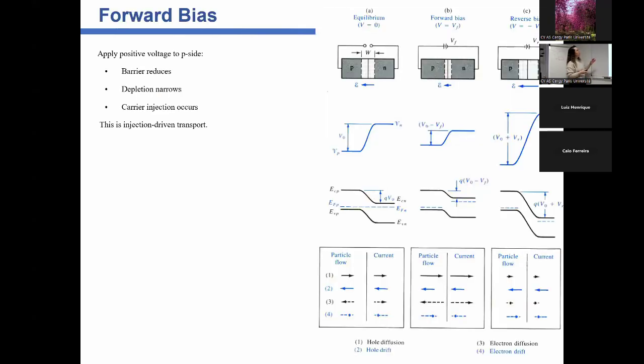So, for instance, if we have a forward bias, what happens with the potential, the depletion width and also the deflection in the bands? As we saw here, across the junction we have this difference in the voltage, the V0, multiplied by the elementary charge. We have this built-in potential.